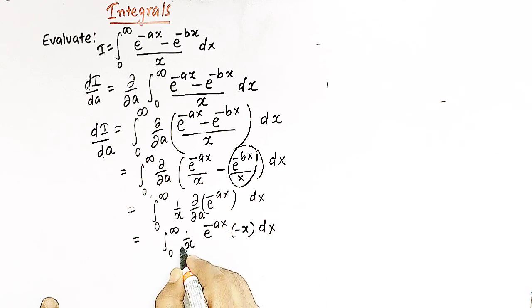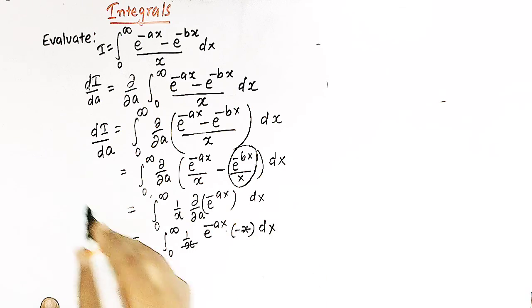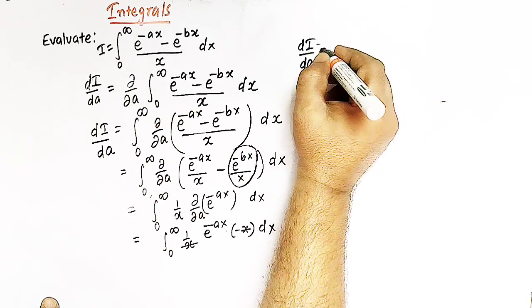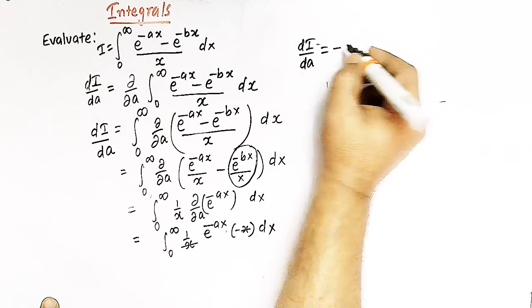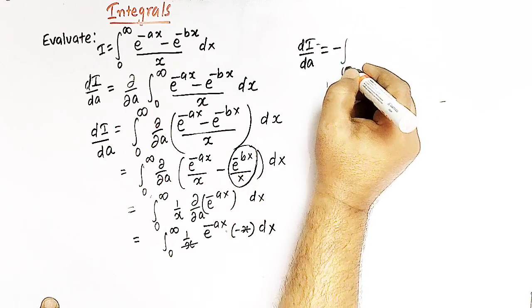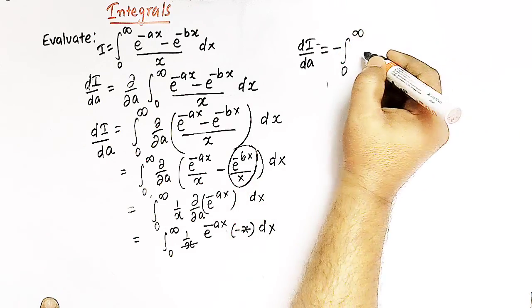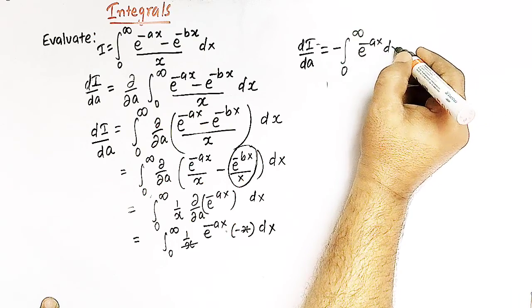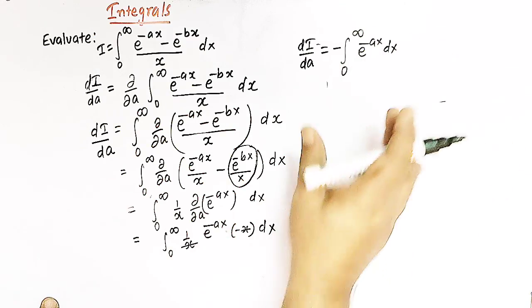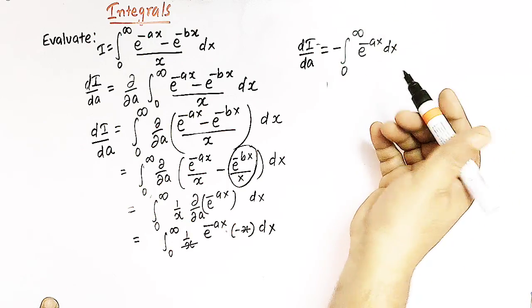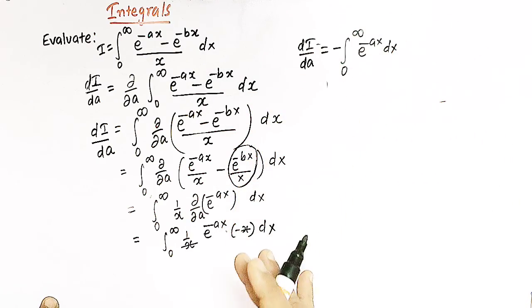So here x and x get cancelled, and now we have dI over da is equal to negative. We can take this negative outside the integral sign, so we have the integral from 0 to infinity of e raised to minus ax dx. Now we'll solve this integral by the usual method, and then we'll have a differential equation.